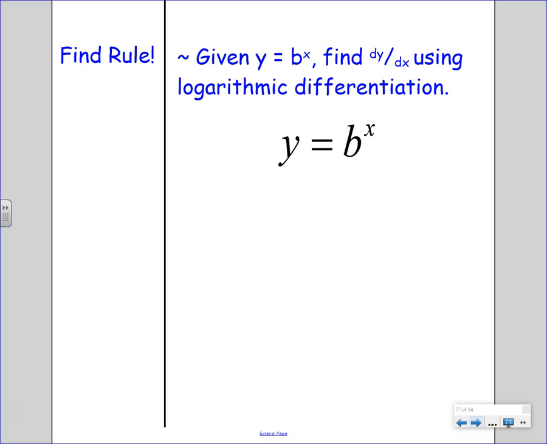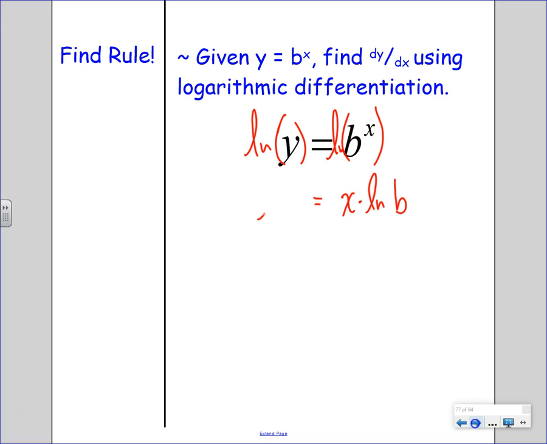So if we can't change the base, we need to break apart the function. The way to break apart an exponential function is to take ln. Because the property for logs says, if I have ln of somebody raised to a power, what can I do with that power? Bring the x down.